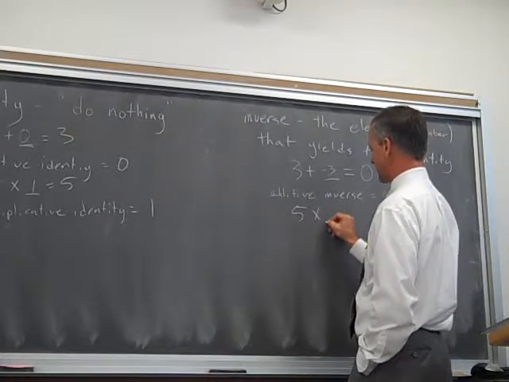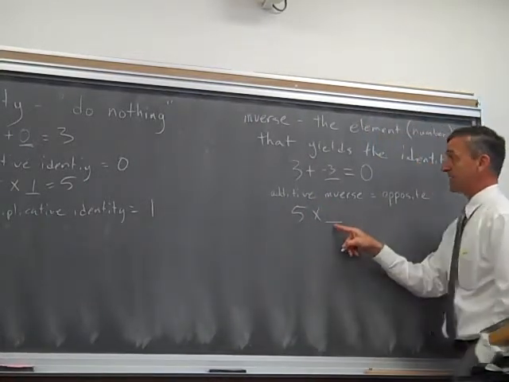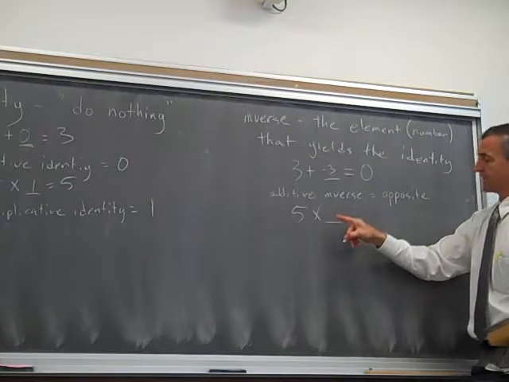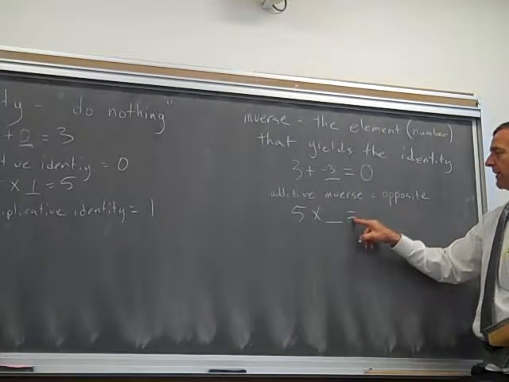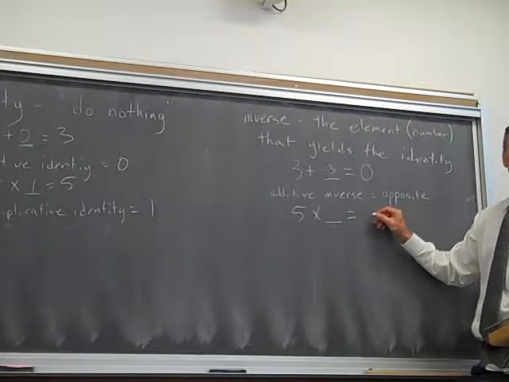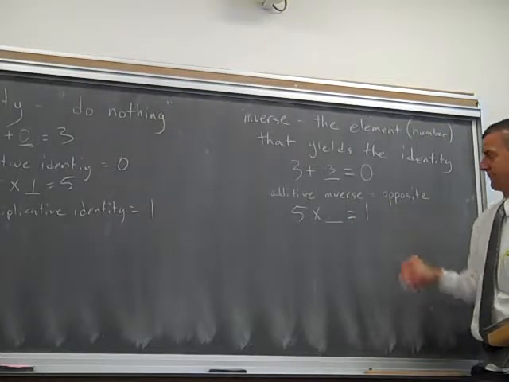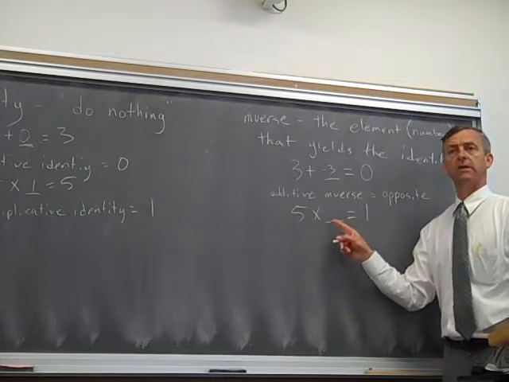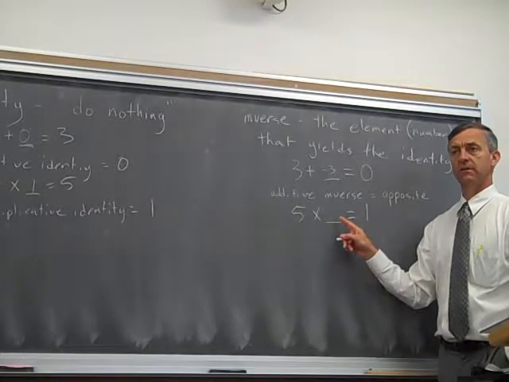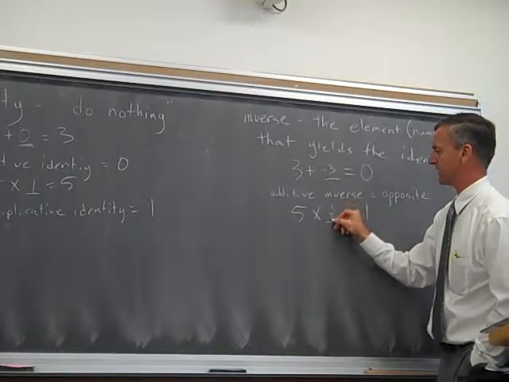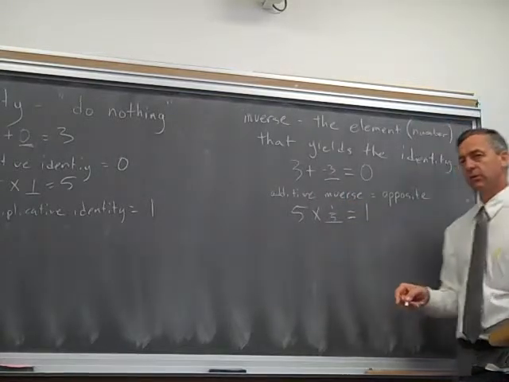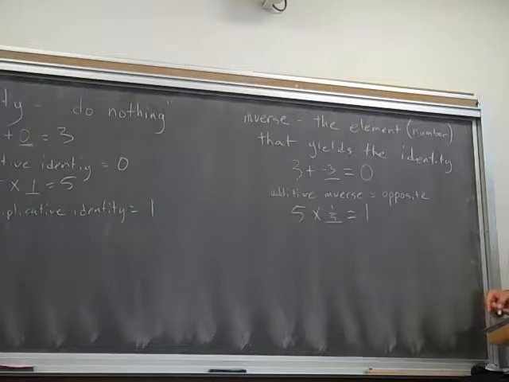Let's try 5 again. 5 times some number. If this is the inverse, then this element here will give us the identity, which is 1. What number goes in the blank? 1/5. So what would the multiplicative inverse of 7 be? 1/7.